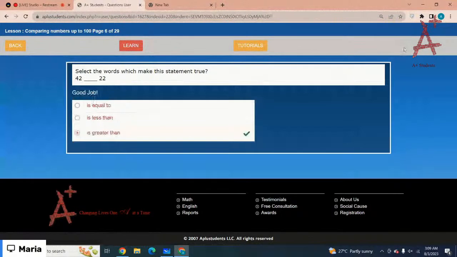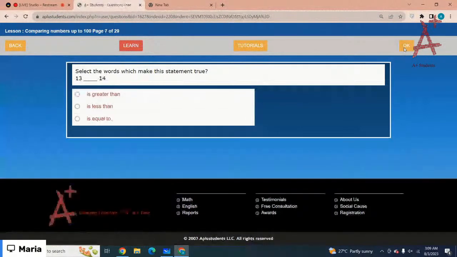Select the words which make the statement true, 13 and 14. Yes, 13 comes before 14. That means 13 is less than 14.